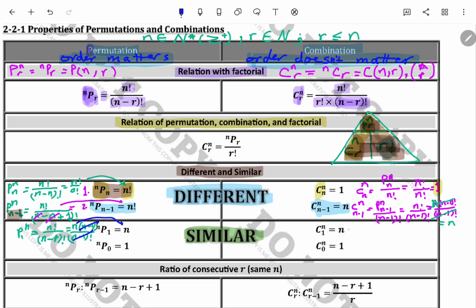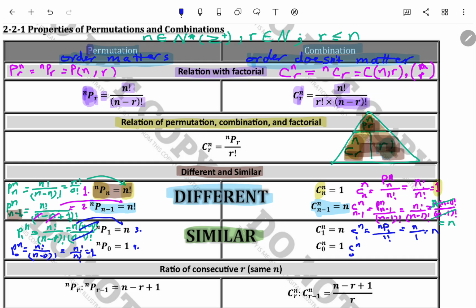Now, on the other side, we can have n combination 1, which is n permutation 1 divided by 1 factorial, which according to rule number 3, we can see that it is n up divided by 1, which is n. In rule number 4, we can see that n permutation 0 will be n factorial divided by their difference up and down, and that will give you, after subtracting n minus 0, n factorial divided by n factorial, which is 1.